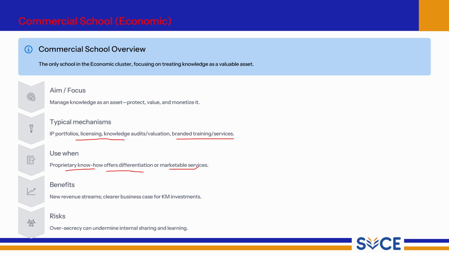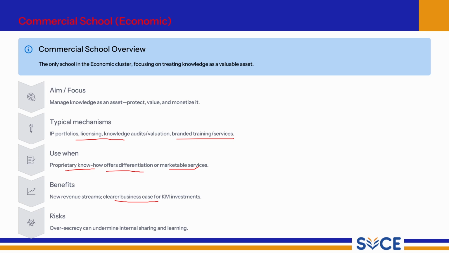Here the benefits are new revenue streams and a clearer business case for knowledge management investments. The benefits are direct revenue streams and a strong business case for investing in knowledge management systems.